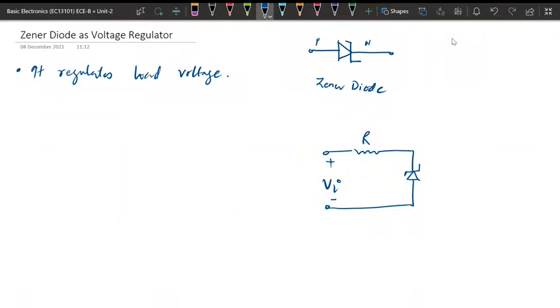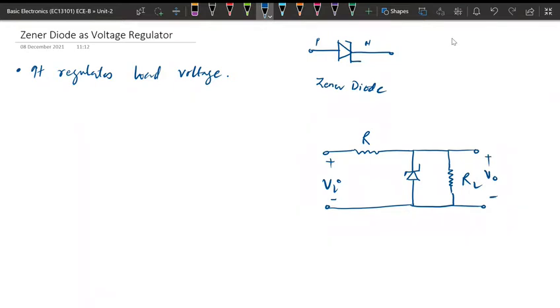So we will have a resistance in series with this Zener diode, and across this Zener diode, that means parallel to it, we will connect the load resistance, and the voltage across this load resistor will be your output voltage.